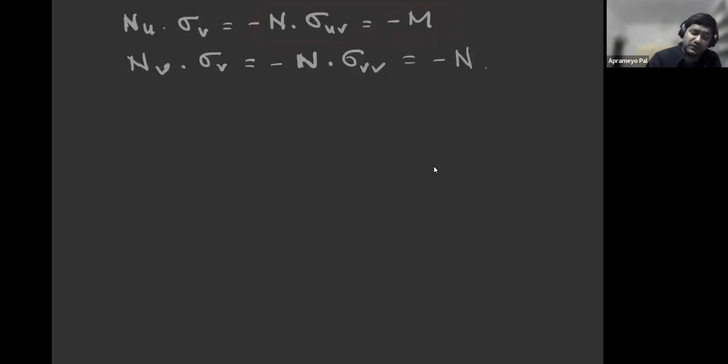And finally you get it for N_v dot sigma_v. Okay, so this is nice, and you are going to see how it is used in the main proposition. So that's the next proposition.